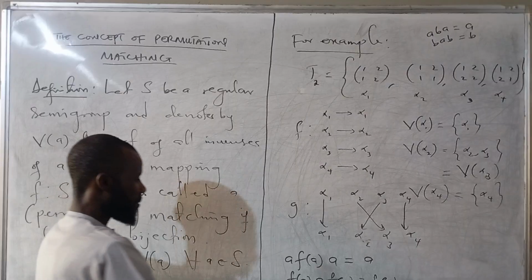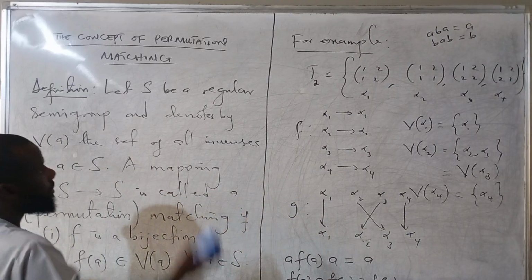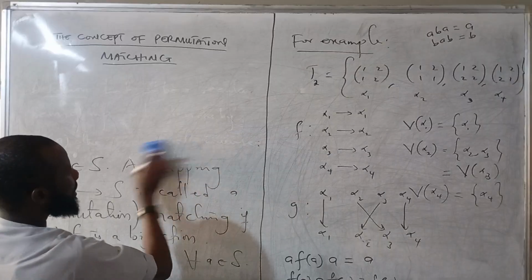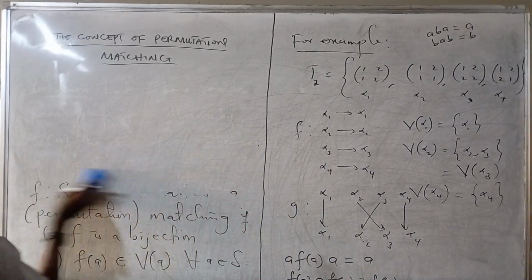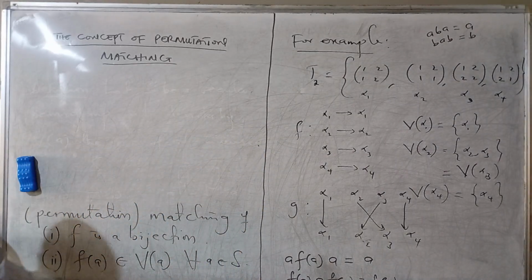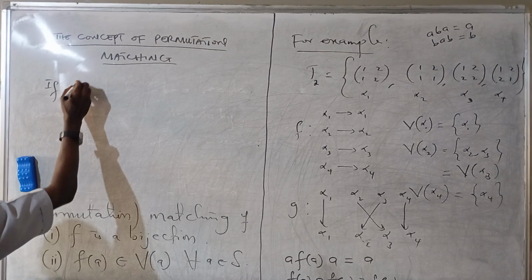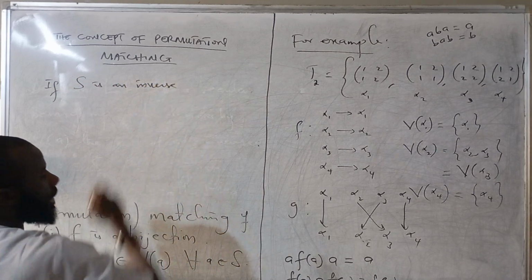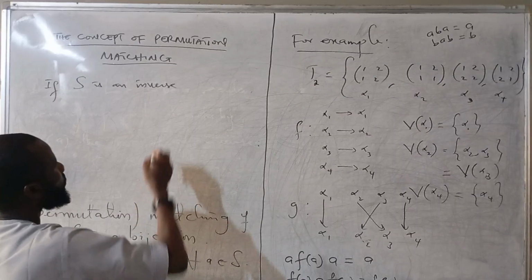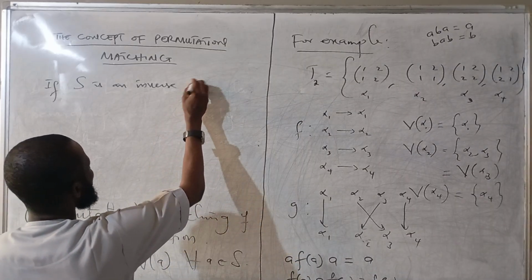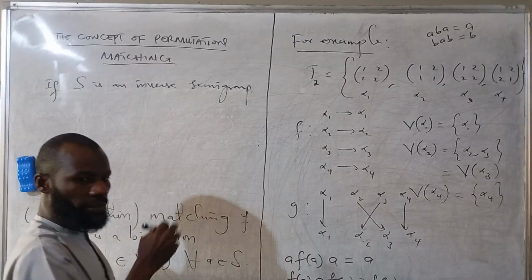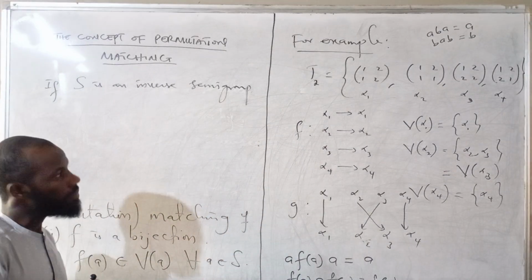Now, with regard to some particular classes of semigroup, for example, if S is an inverse semigroup. An inverse semigroup is a special class of regular semigroup in which every element has a unique inverse.